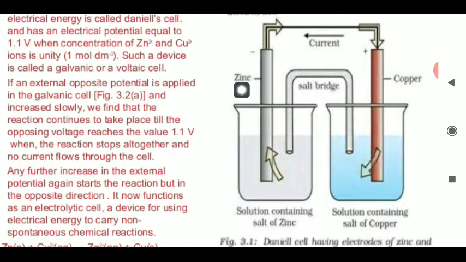The electrode where an abundant number of electrons are there is known as the negative pole, and on the other side, the site where the deficiency of electrons is maintained is known as the positive pole.